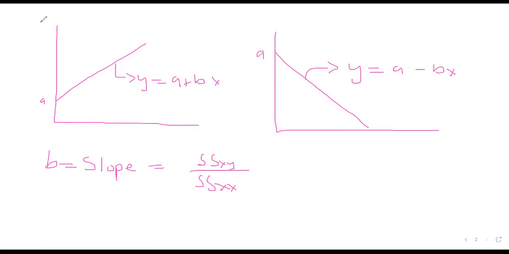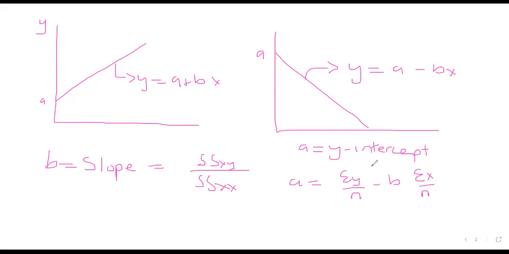So where it's cutting the y-axis, it's called the A. So A is what? The y-intercept. It is given by summation of y over n minus b summation of x over n.